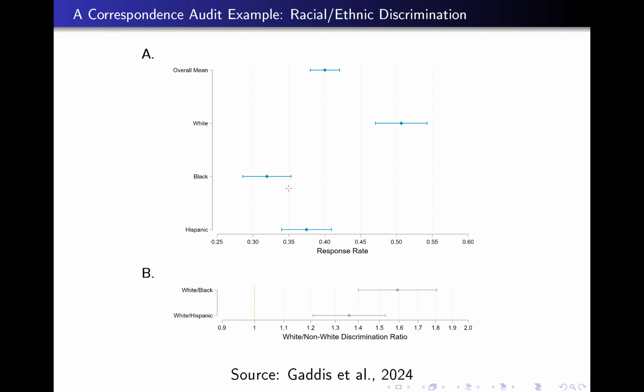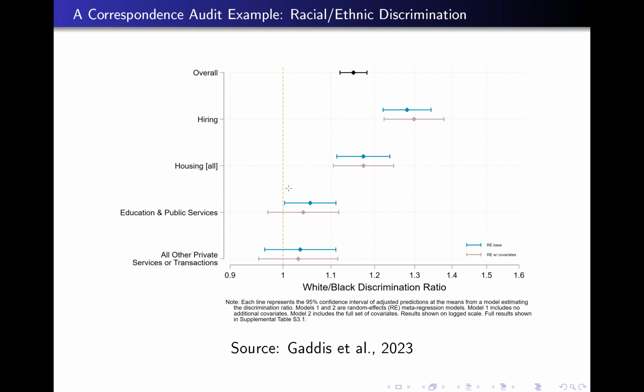It's a lot easier for us to look at this kind of discrimination ratio and say, okay, in this case, white people were receiving about 1.6 times as many responses as Black people. And then we could use that metric to compare across the study and say, discrimination was worse in our study than this other study.